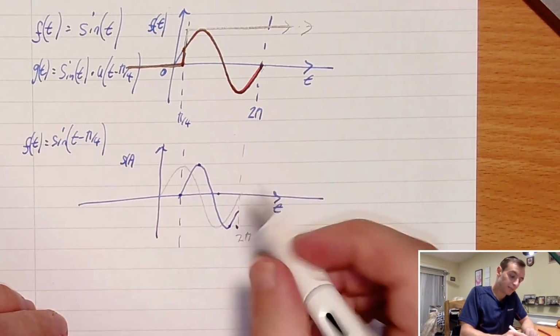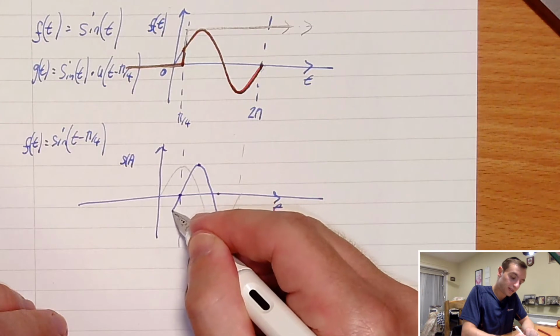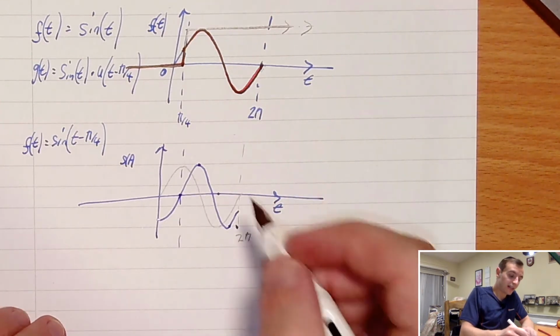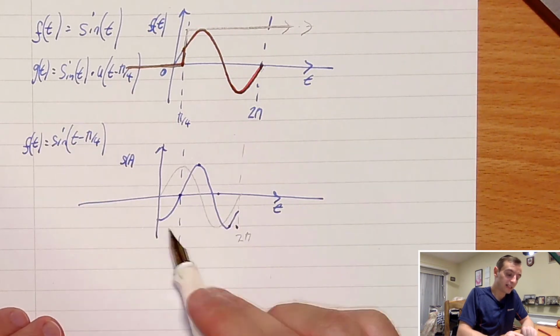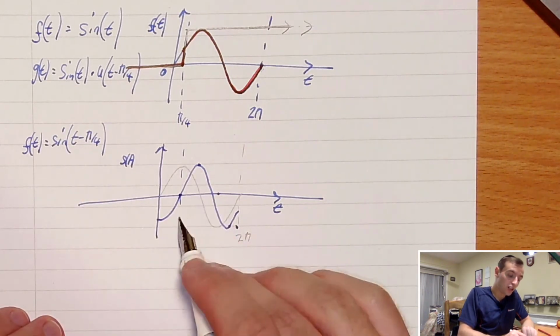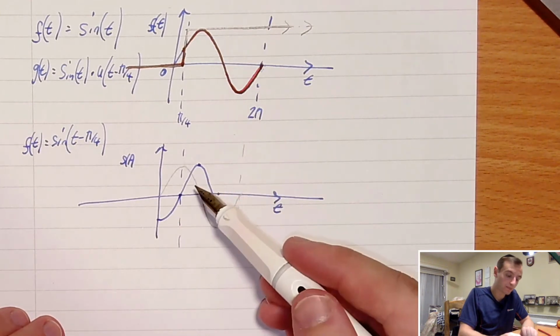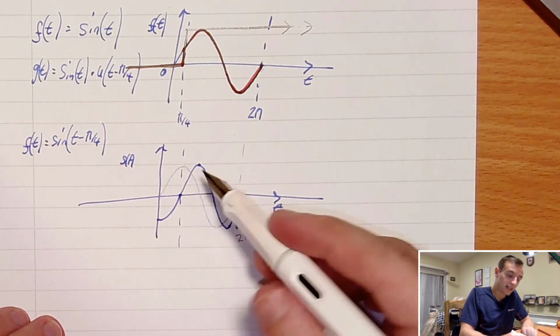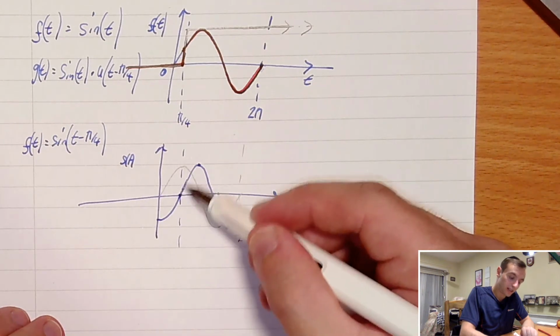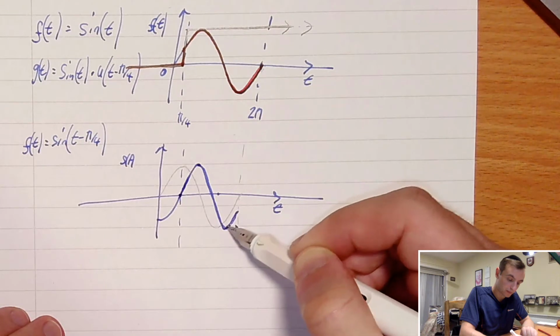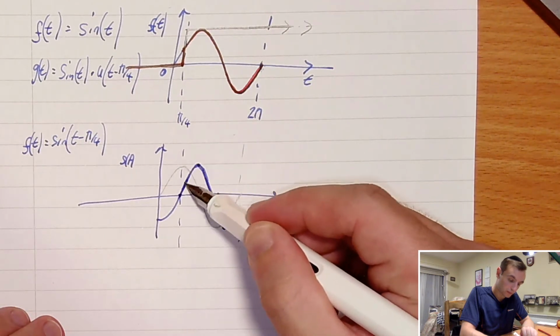So now we have sin(t − pi/4), but remember, we've got that as well, between 0 and 2 pi. Now, if we multiply sin(t − pi/4) by u(t − pi/4), what do you think we're going to get? We're going to end up with just this part over here. Just that bit.